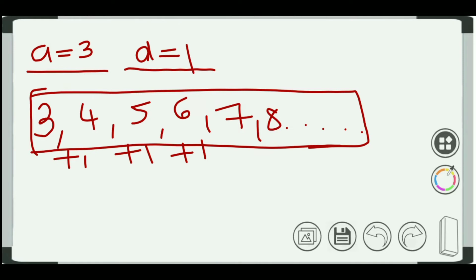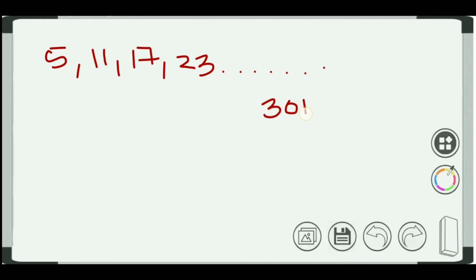Again, another example. Here the AP is given: 5, 11, 17, 23, etc. So you need to check whether 301 is a term of this AP or not. We must check whether the number 301 comes in this AP or not. Okay.